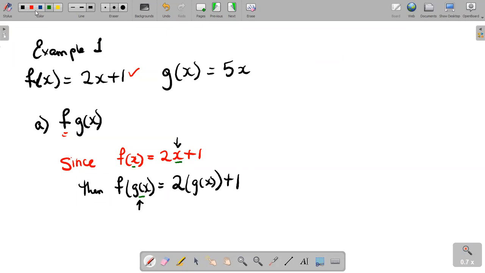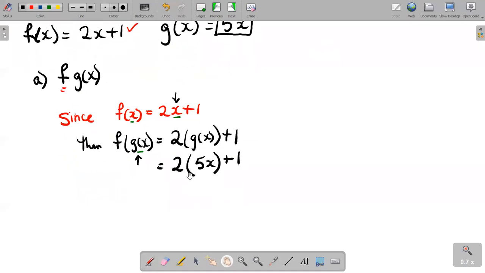Now, our second step: what does g of x mean? Doesn't g of x mean 5x? So the next step is just to replace g of x with what g of x represents. So pull back the 2, pull back the open bracket, and replace g of x with 5x.